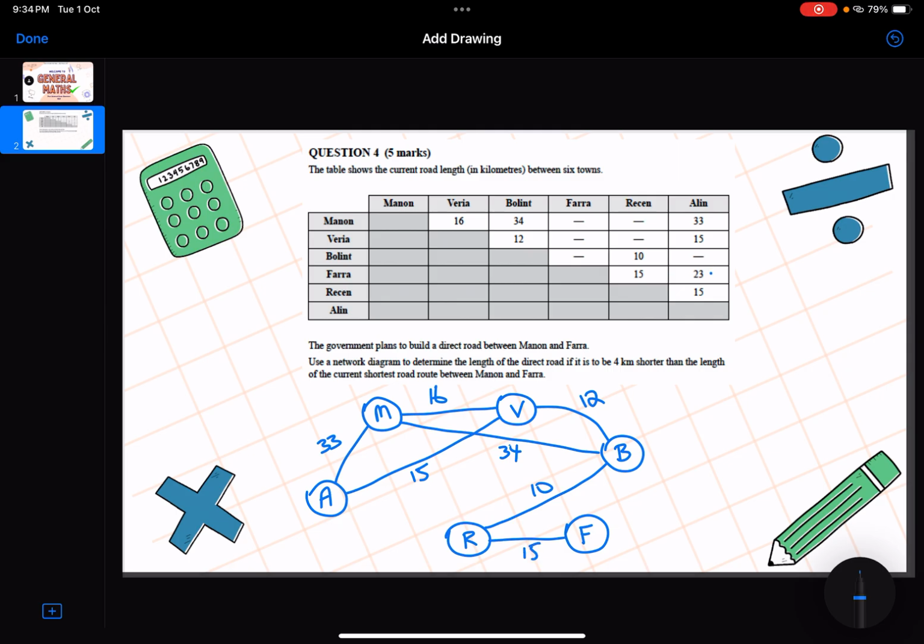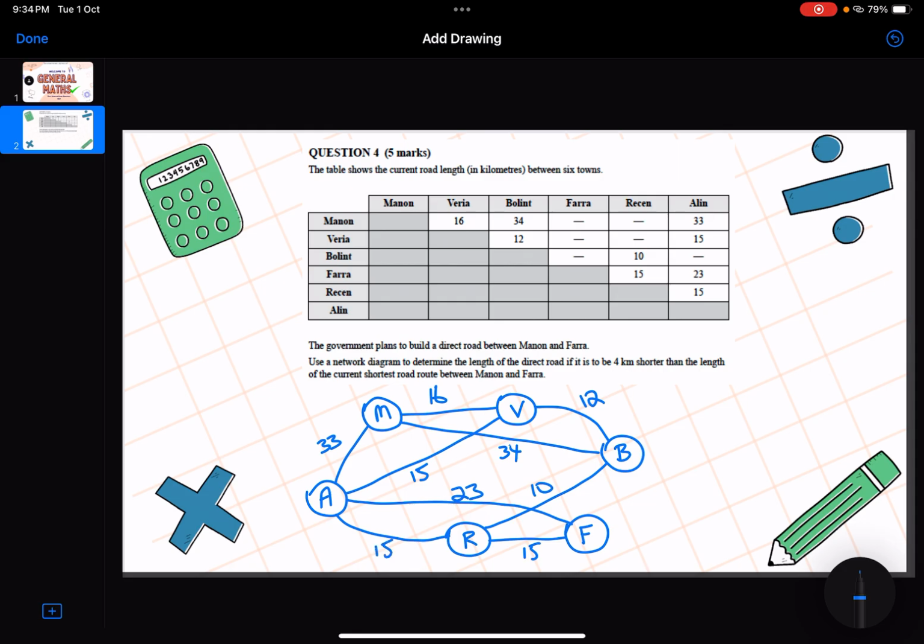Farah also connects up with Allen for 23, a total of 23 kilometres. And the last one, we've got Recent with Allen for 15 kilometres.